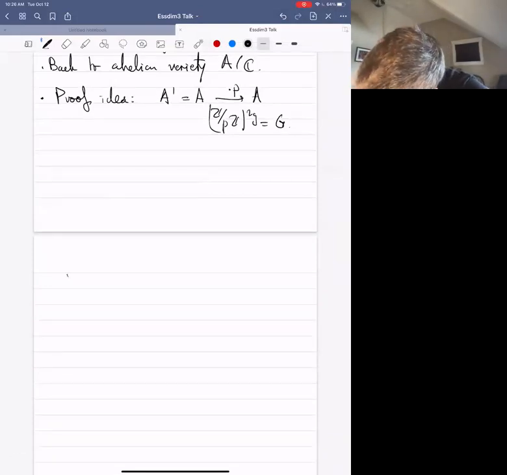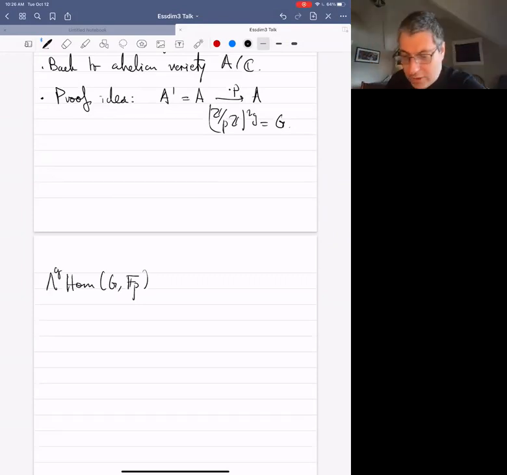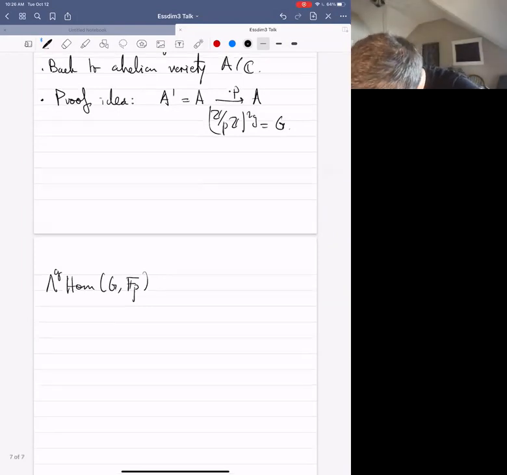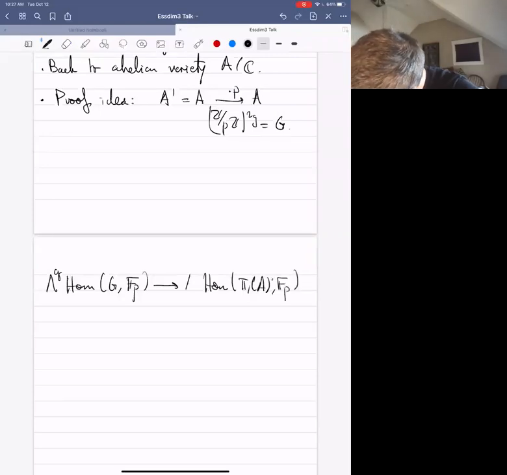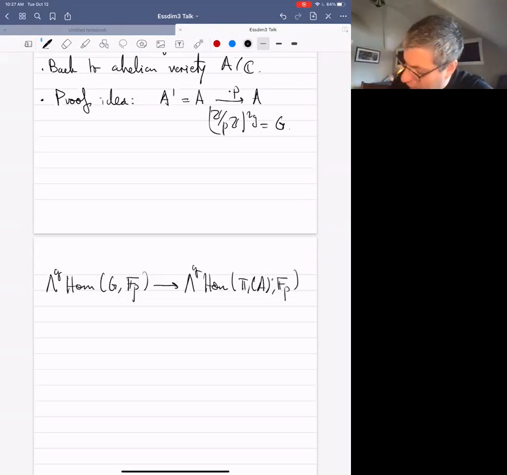So since it's an elementary abelian P group, I can look at Homs from G into F_p, and this is 2g dimensional. I'm going to take the top g wedge. This maps to the same thing, but where I use the full fundamental group of A. Again, I can take the top g wedge. And because of the way we've constructed G, this map is an isomorphism.